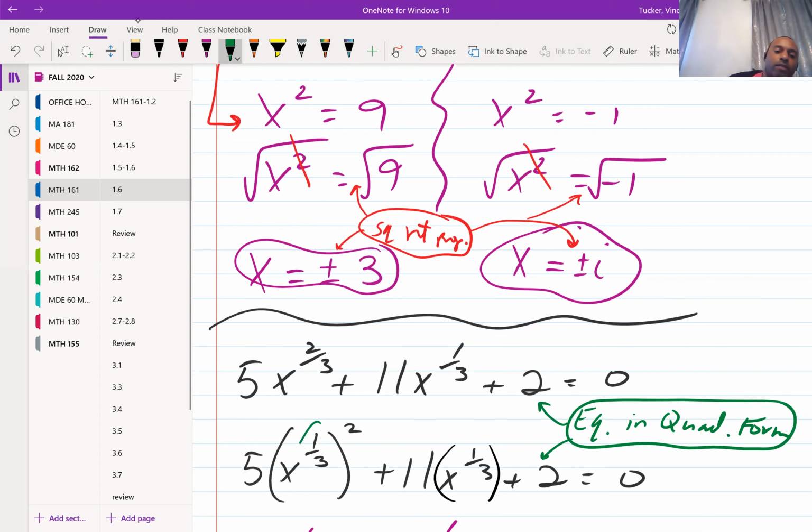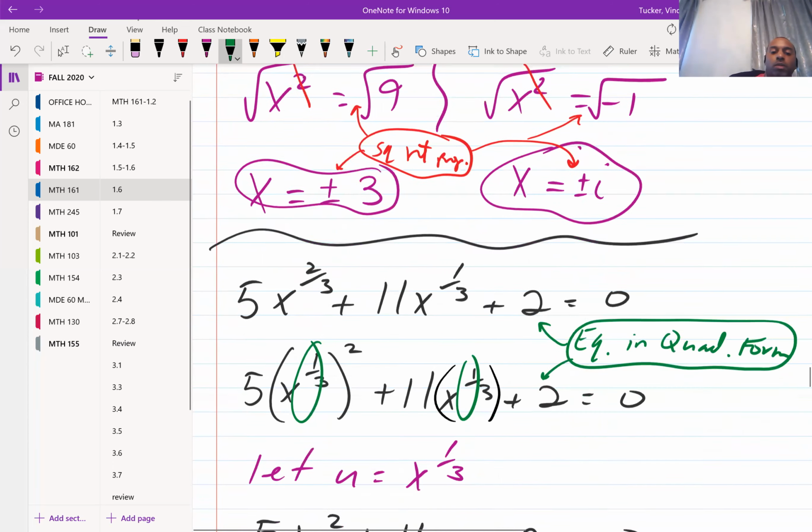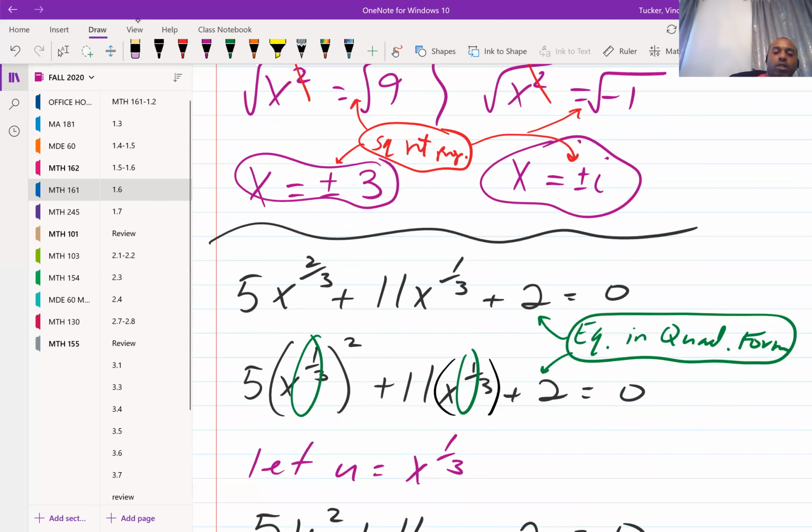Whenever we have this type of situation, where we have x to the 1/3 in one term, and in the other term we have x to the 1/3 squared, then we can rewrite our problem by letting u be equal to x to the 1/3.